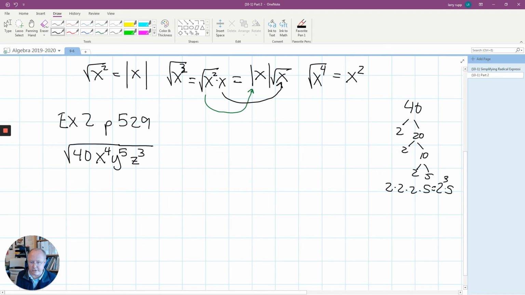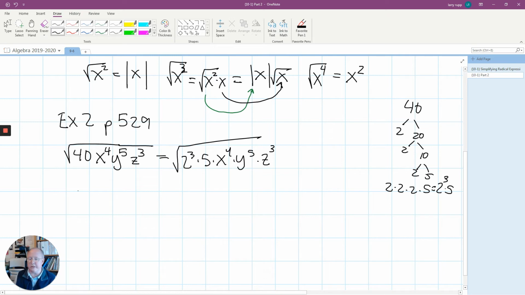So back over here, what we have is this, the square root of 2 cubed times 5 times x to the 4th, y to the 5th, z cubed.